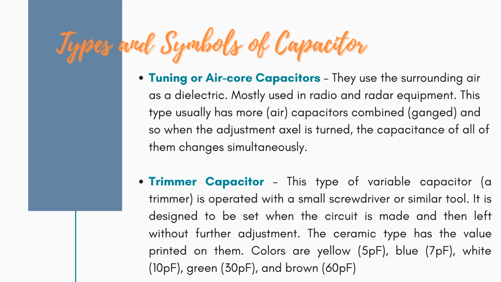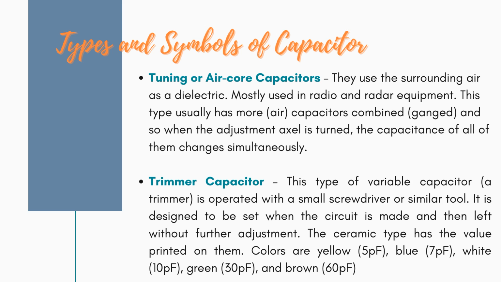Tuning gang capacitors. They use the surrounding air as a dielectric. Mostly used in radio and radar equipment. This type usually has several air capacitors combined, ganged, so when the adjustment axle is turned, the capacitance of all of them changes simultaneously.